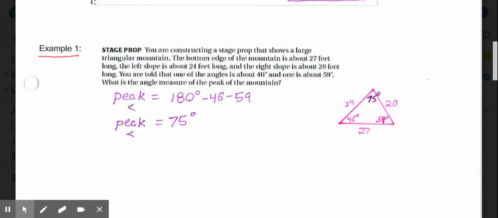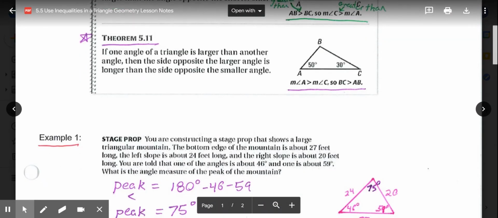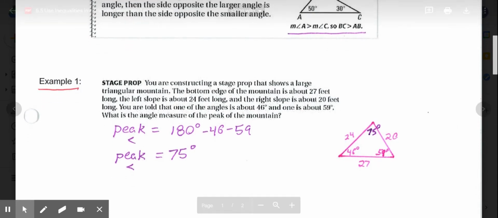You are told that one of the angles is 46 and another is about 59 degrees. What's the angle measure of the peak of the mountain? So we need to first draw ourselves a triangle and use our theorems 5.10 and 5.11 to fill in what we know. So I just drew myself a triangle with 3 different side lengths.